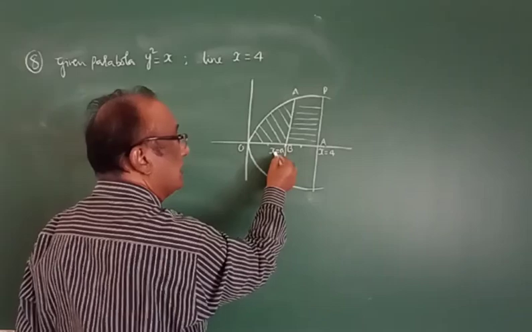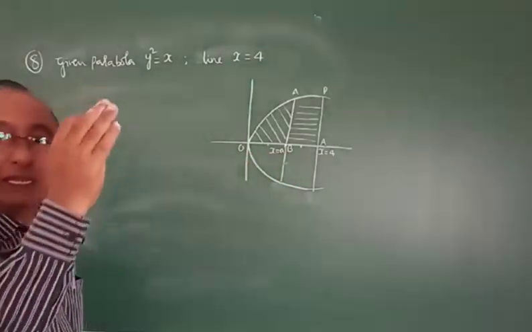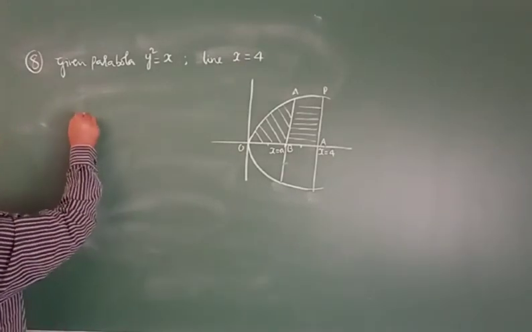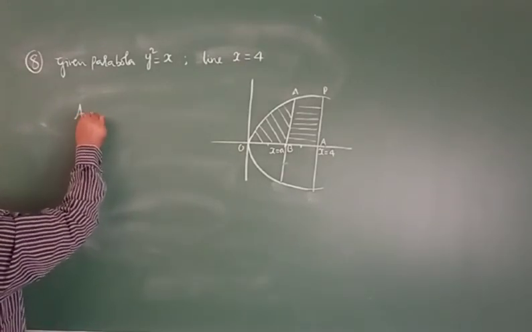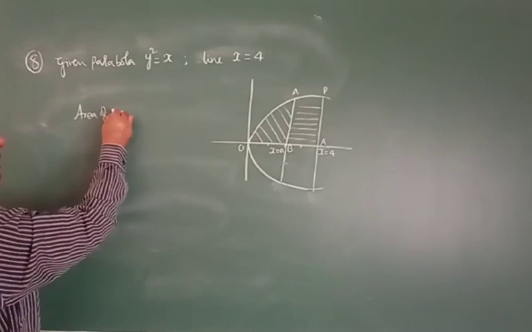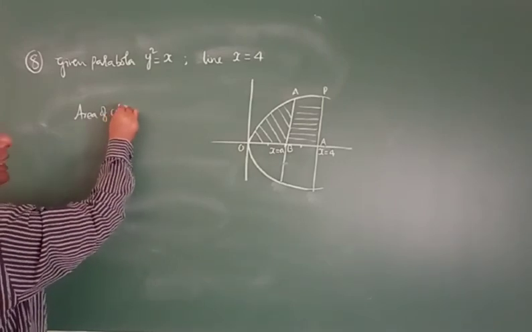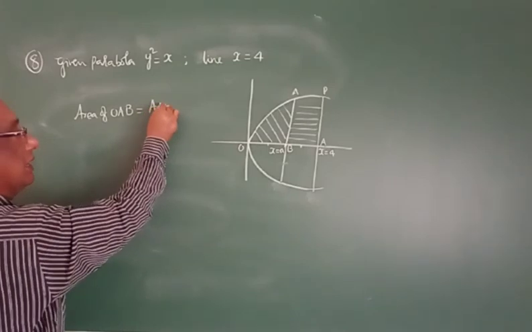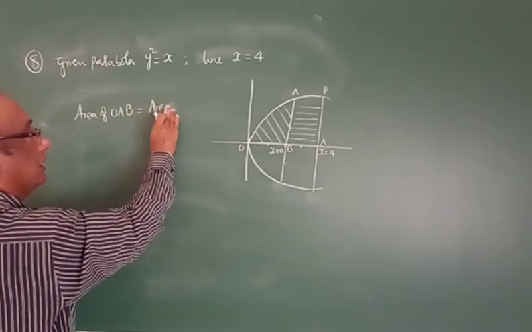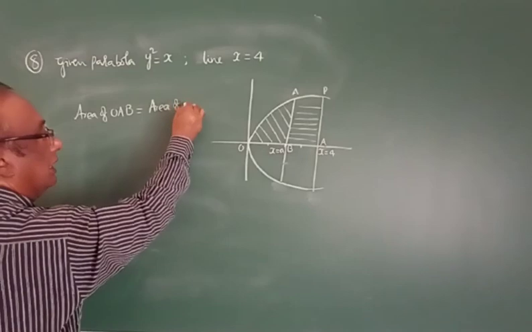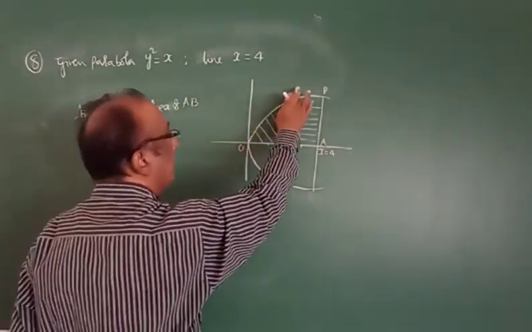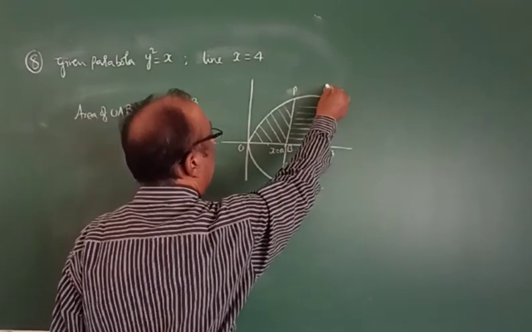x values are given, therefore vertical strips with the dx. Okay? Write down the area of OAB is equal to area of AB. This is the PQ. Put the name PQ.